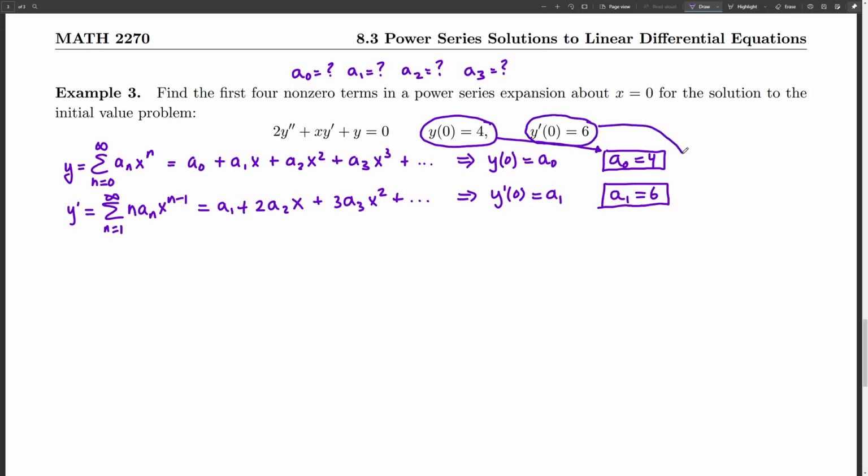Now the other two coefficients will be a little bit more work because we have to plug this into our differential equation. So we also need y double prime.